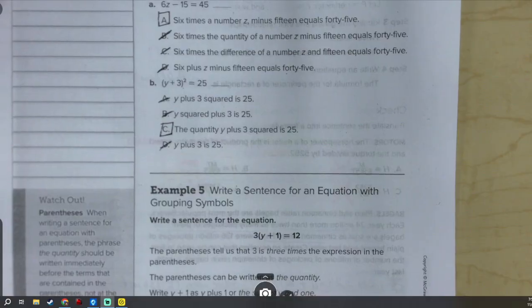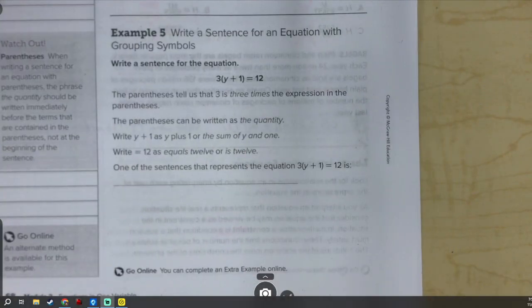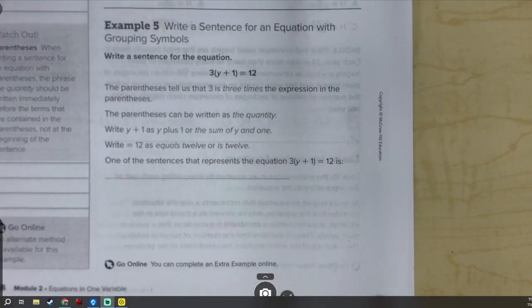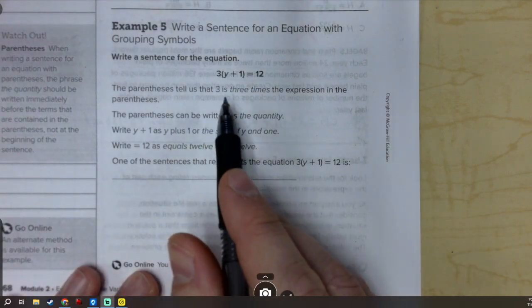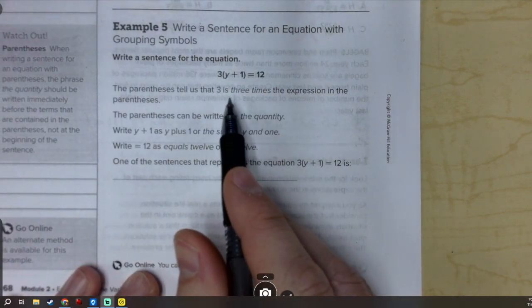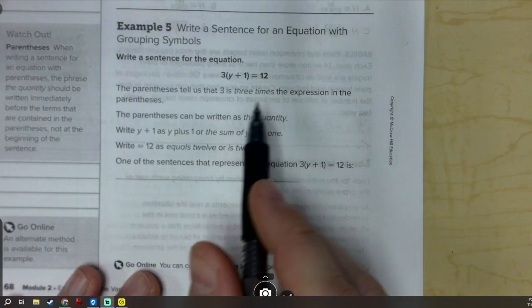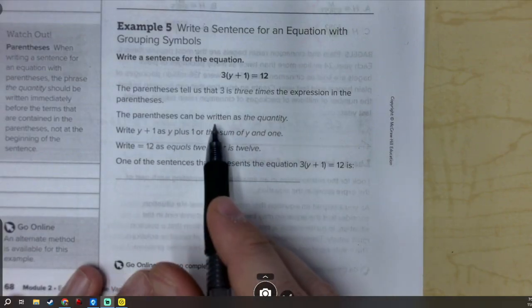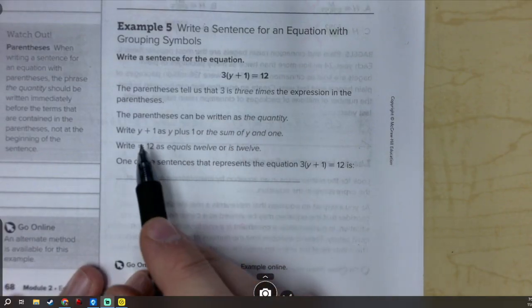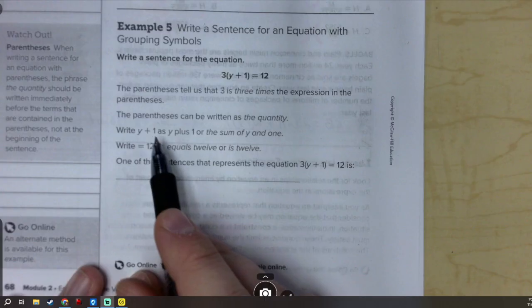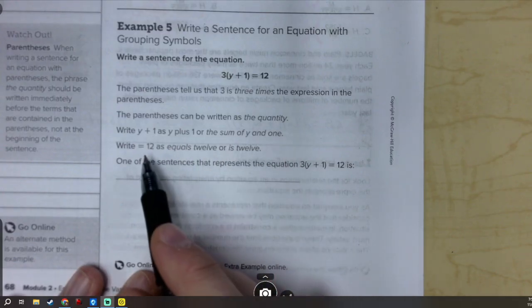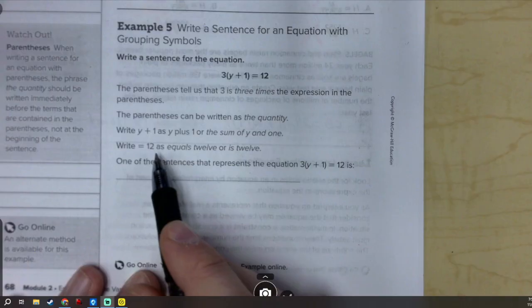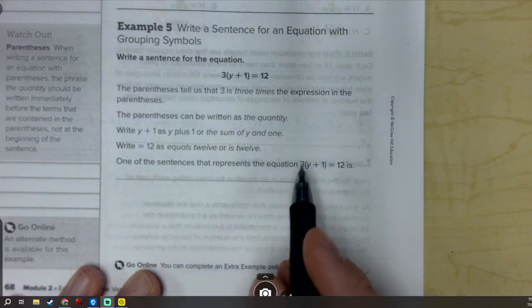Example 5. Write a sentence for an equation with grouping symbols. The parentheses tell us that 3 is multiplied by the expression in the parentheses. The parentheses can be written as the quantity. Write y plus 1 as y plus 1, or the sum of y and 1. Write equals 12 as equals 12 or is 12.